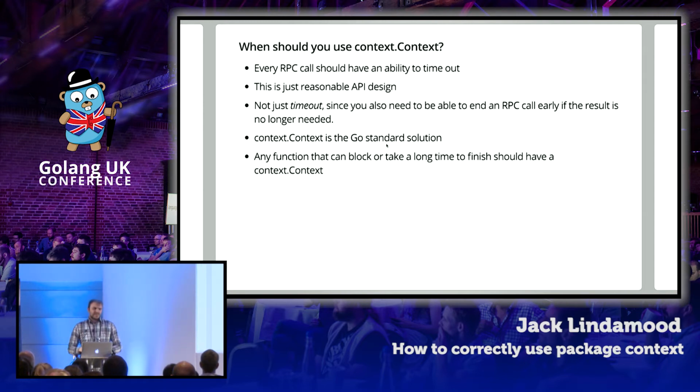And not just timeout, but remember the RPC 1, 2, 3, 4 example I showed before. You don't want to just time out an RPC call. You also want to be able to preemptively cancel it early if something weird happens and you don't even need that information anymore. So any API that you design should have that ability. Context is the Go standard way to communicate that information.